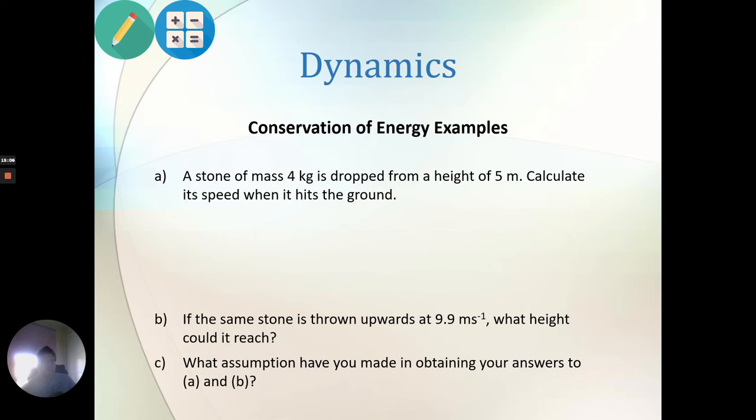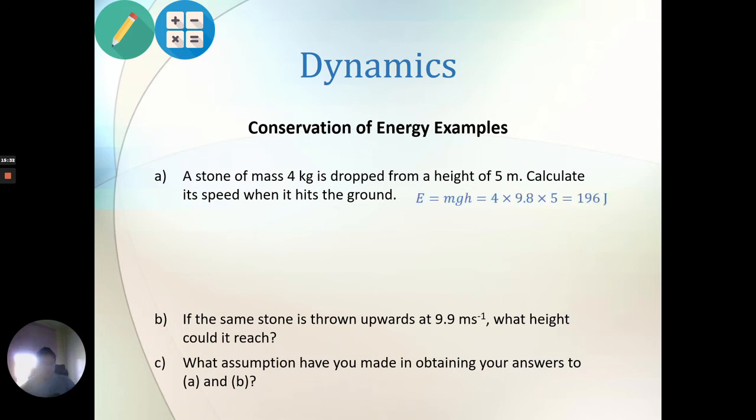We have been told the mass of the stone and the height it was at. So we've got m and h. We've not been told g, the gravitational field strength, but we can presume we're on Earth. So we have the information to find the potential energy.